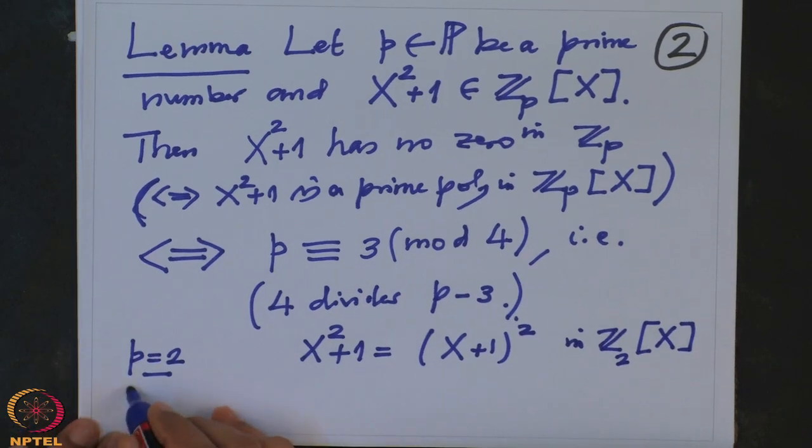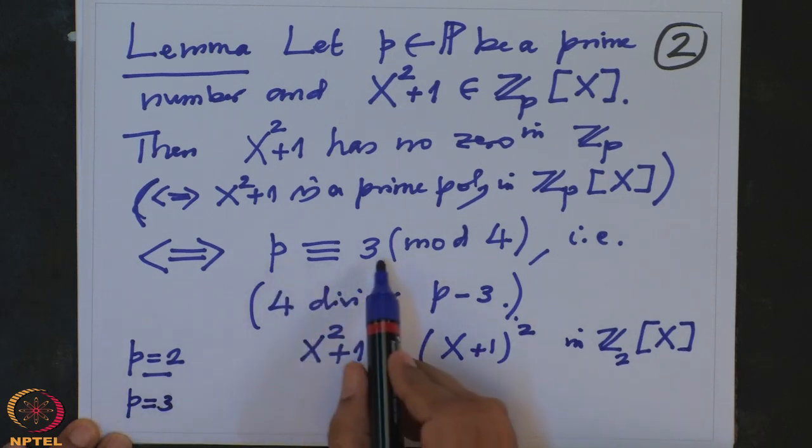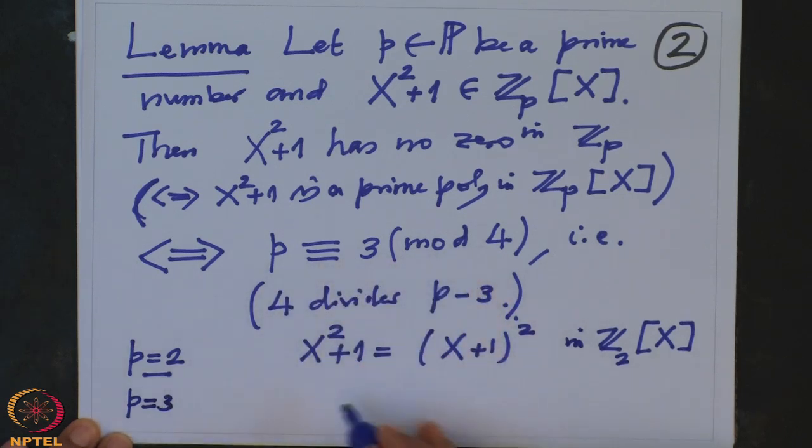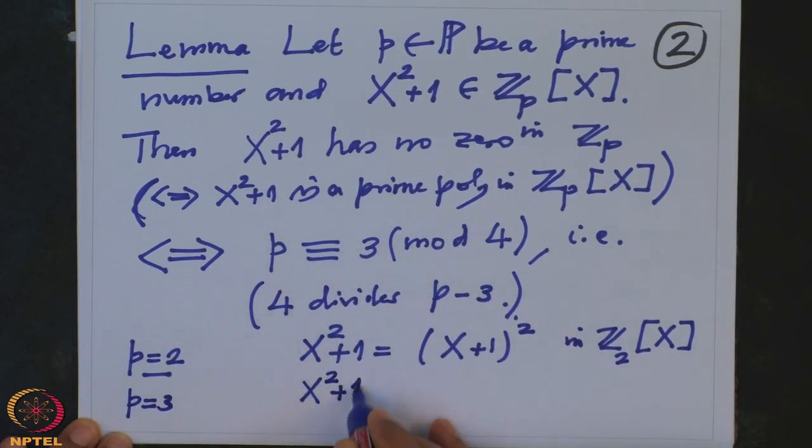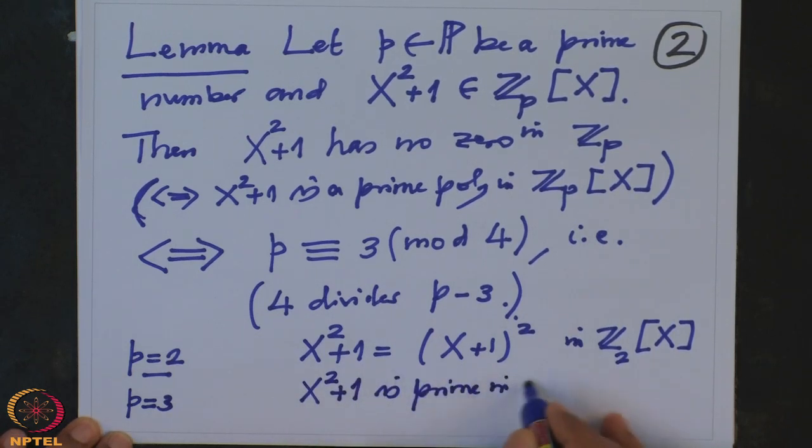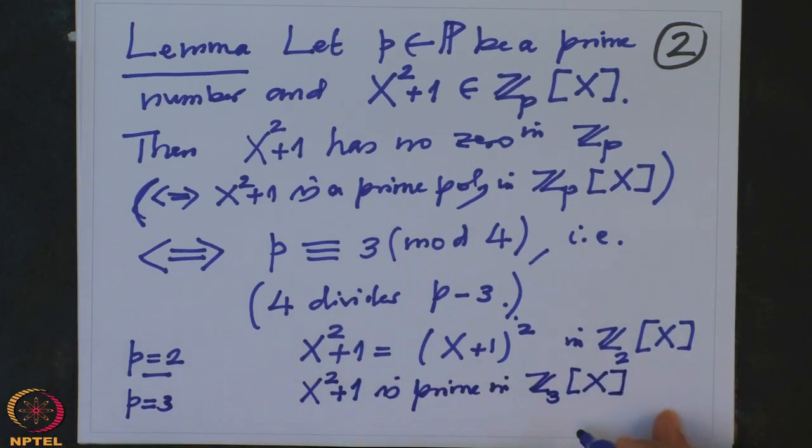Alright. Now test for p equal to 3. Then p is indeed congruent to 3 mod 4. Therefore, by our lemma, x square plus 1 is a prime polynomial in Z mod 3 [x]. You can test this very easily, because this is a degree 2 polynomial. If it is not prime, then it will have a zero, and the only possibilities are 0, 1 and 2, because these are the only elements of Z mod 3.